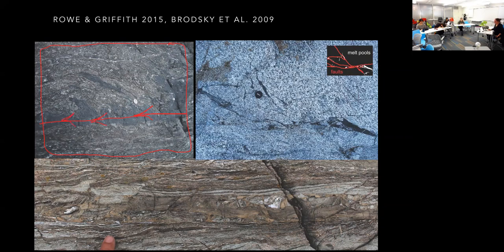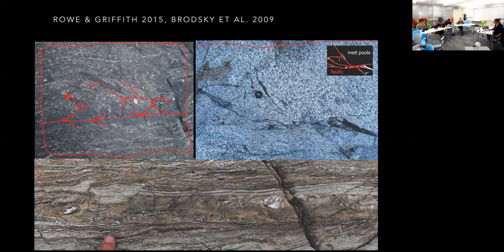So that particulate flow actually took some of this melty rock, and you can see after the earthquake melted this rock, you've got all these little wisps going into the wall rock, which is kind of amazing. Showing that there's active deformation in the fault and in the wall rock during and after the slip. Pretty cool.